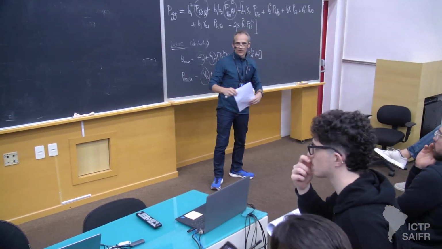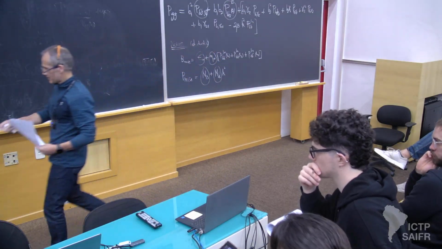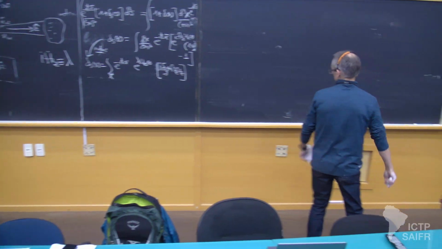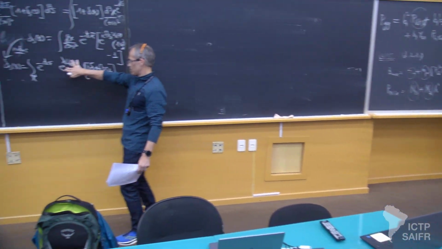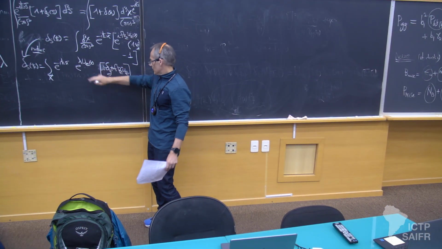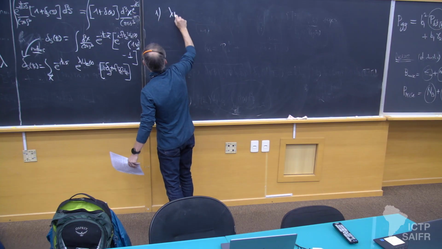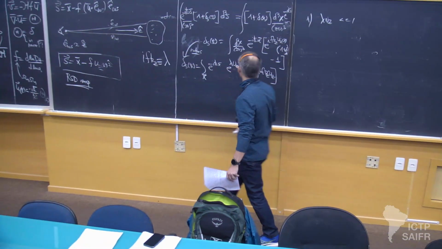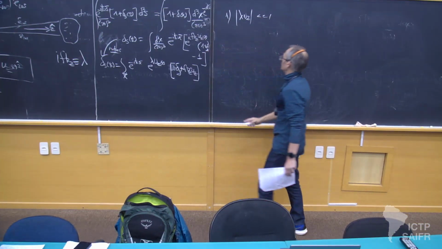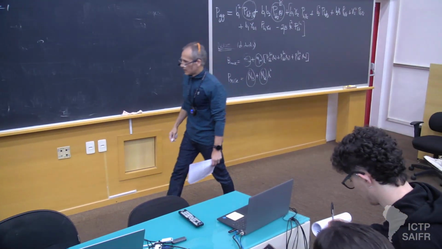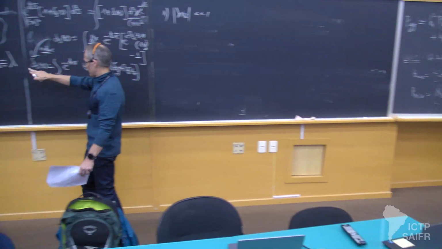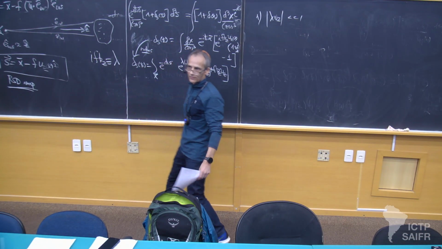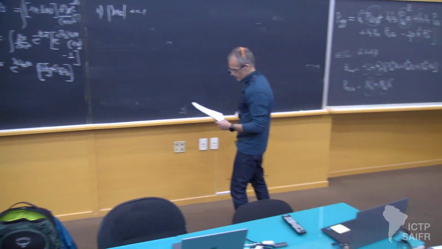So now we are going to look at this in two limits to understand what these redshift distortions are doing. The first limit is when this phase is very small. Remember lambda is purely imaginary. So when that is much smaller than 1, that will happen when lambda goes to 0, which means I'm looking at low k modes, at large scales. So this is the large scale limit.